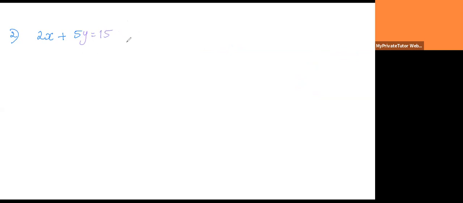Please go ahead and find the slope-intercept form for this first. 2x plus 15, and then y equals 2 by 5x, and 15 by 5 is 3.